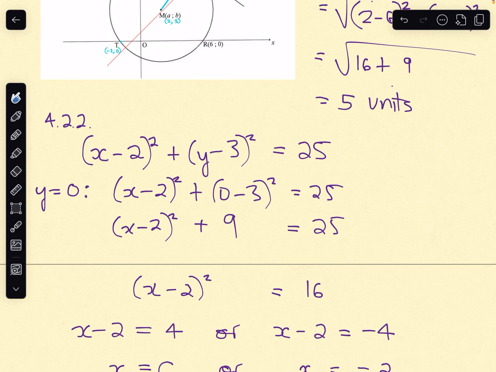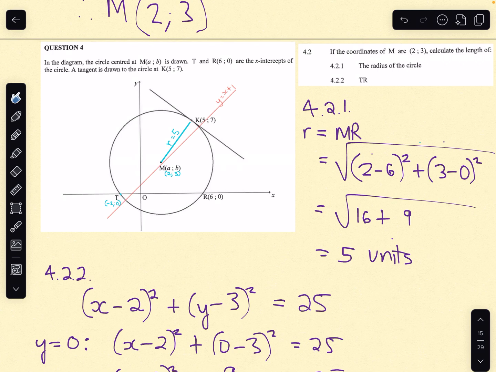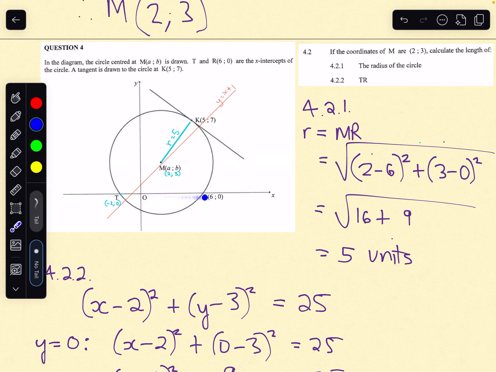Next up, an interesting one that they did for 4.2.2. We wanted to find the length of TR. They used the fact that if we draw this line from the center, passing through this chord over here, we know that a line from the center of the circle perpendicular to a chord will bisect the chord.